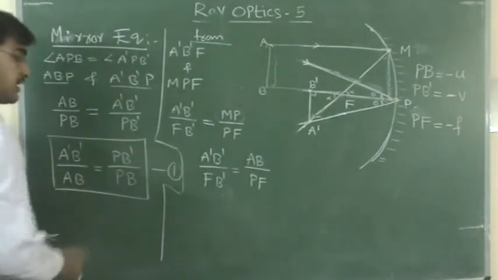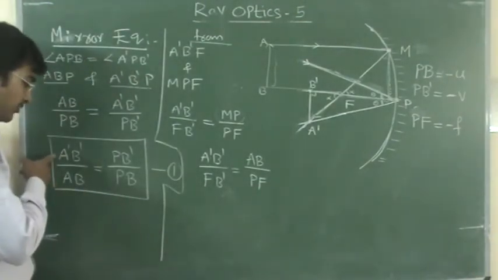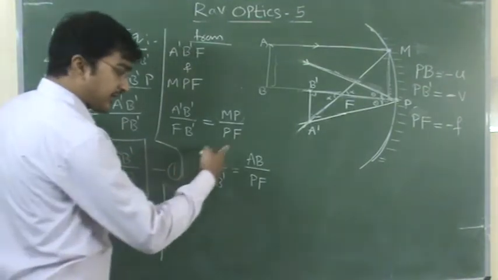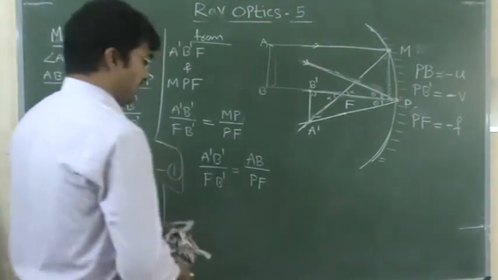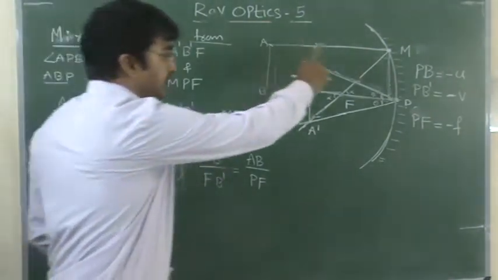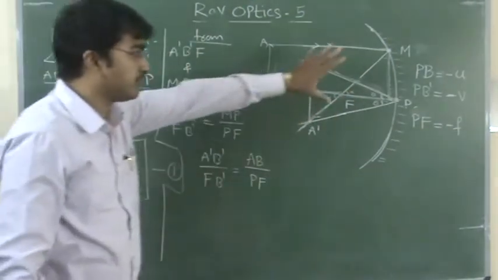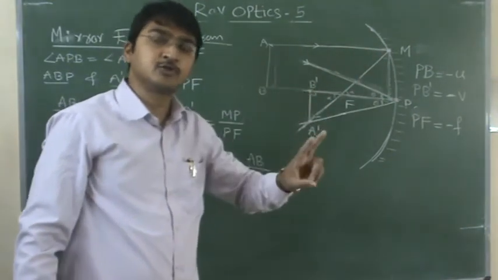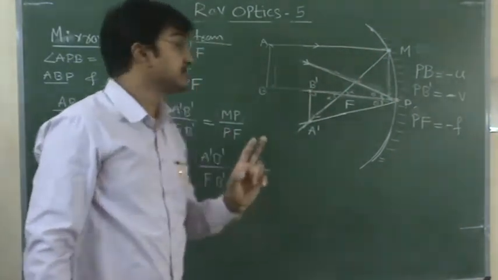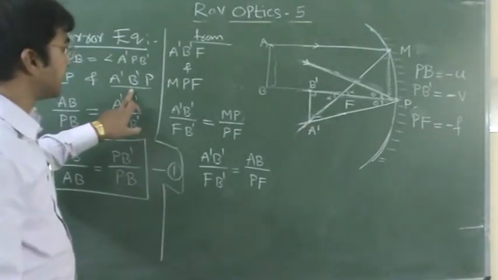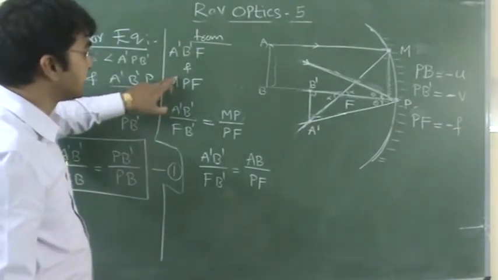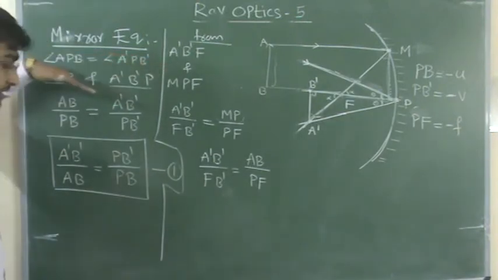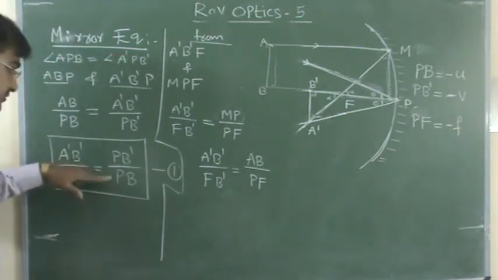Got it? Now in the first equation what do we have? A'B' by AB. Here also we have to take the same derivation. No need of this diagram now, because using the diagram we chose two sets of similar triangles. These are one set of similar triangles, and these are another set. From the two similar triangle sets we derive equations 1 and 2.